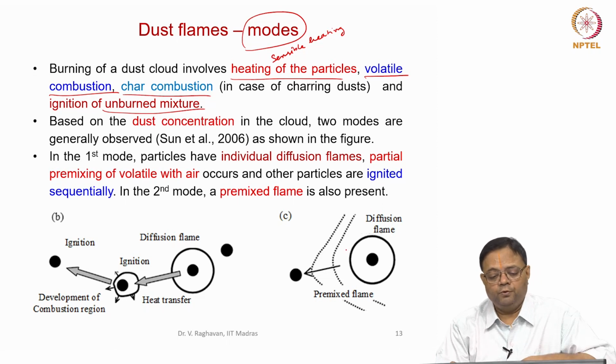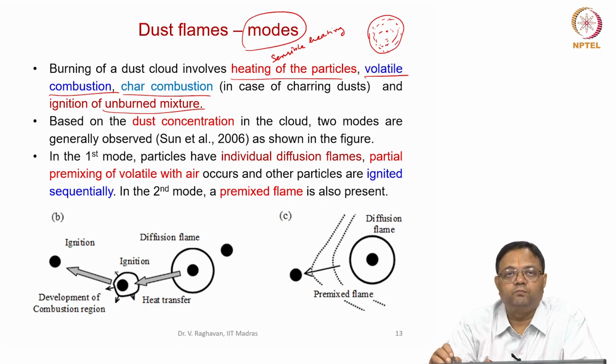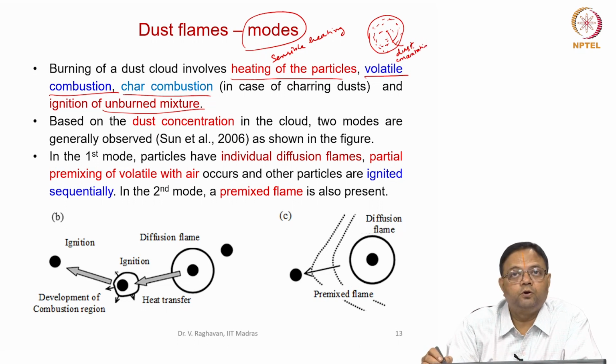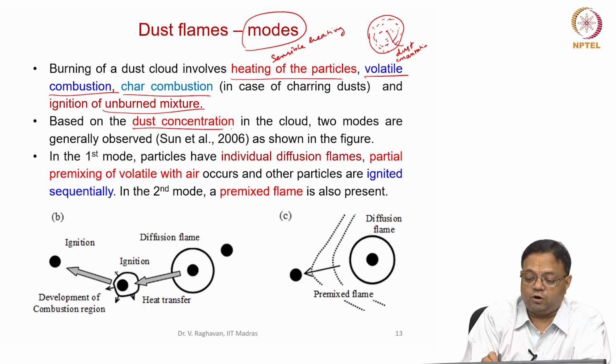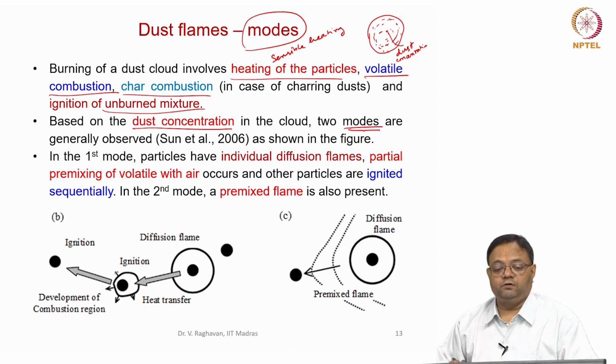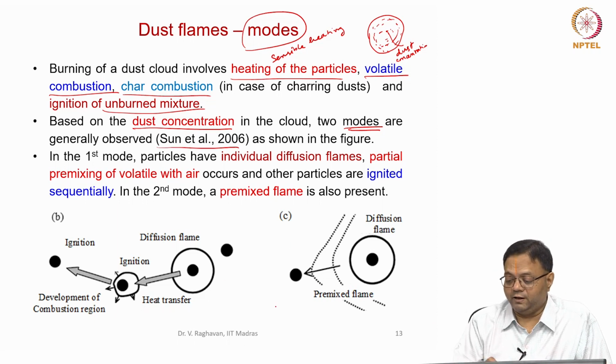Now, in a cloud, there will be several dust particles. I'm just taking some small volume of the cloud. There is a concentration of the cloud dust here, dust concentration. So, based upon dust concentration, there are two modes of combustion which can be seen, as reported by Sun et al. These are shown schematically.